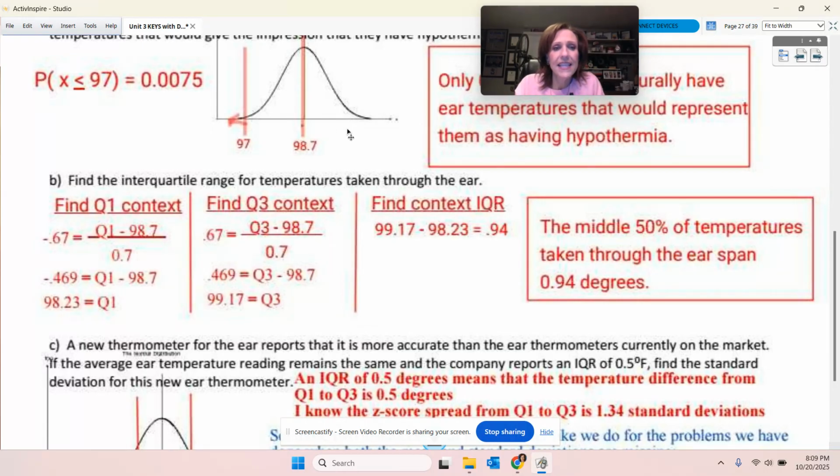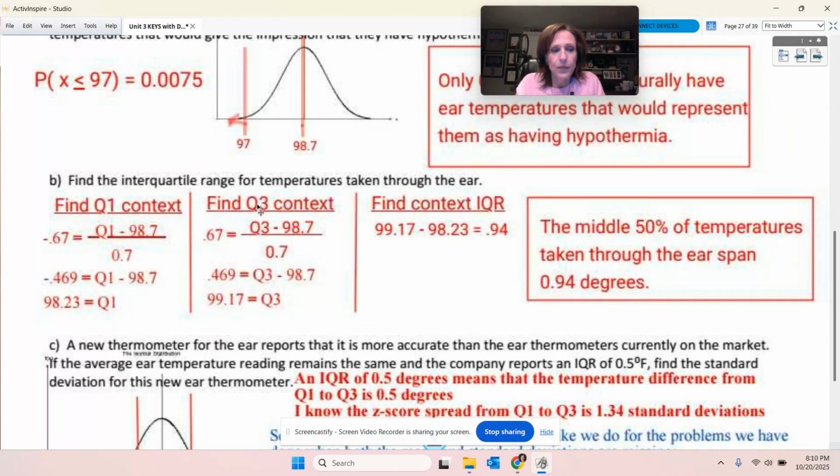Find the interquartile range. Q1 will be at the 25th percentile, so you get a z-score for 0.25 to the left, which is negative 0.67. Now you put this in the z-score formula and solve for Q1.